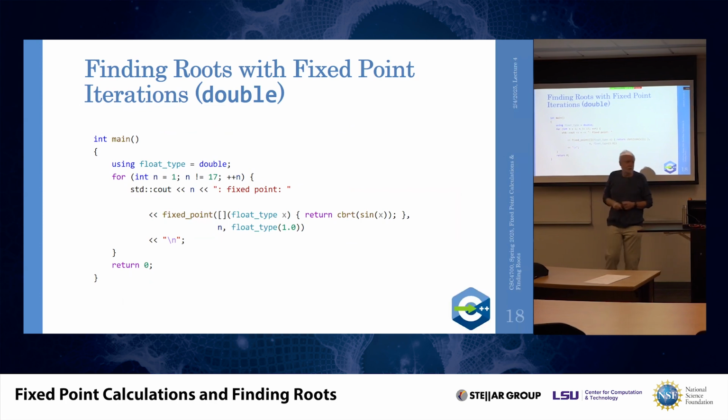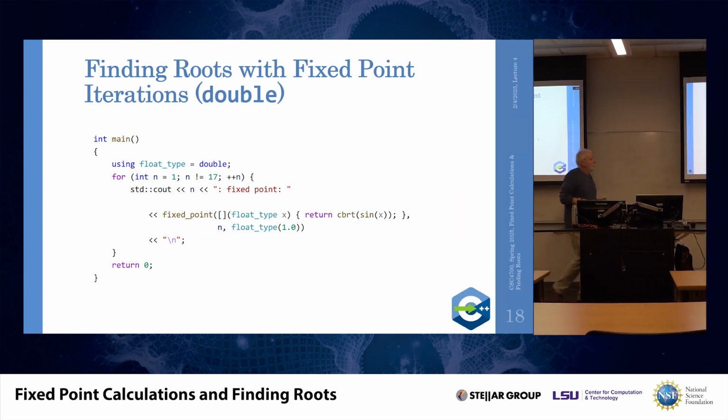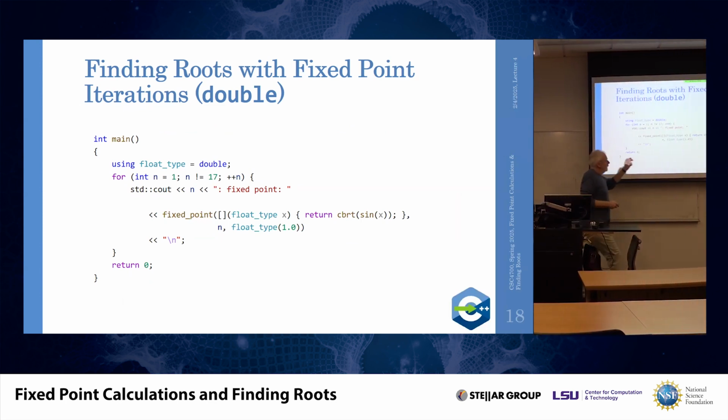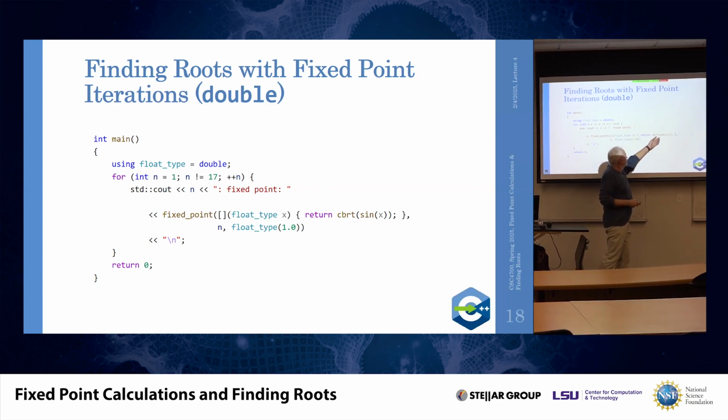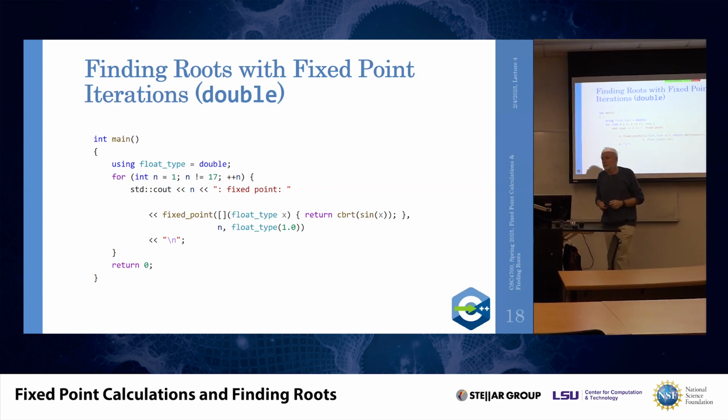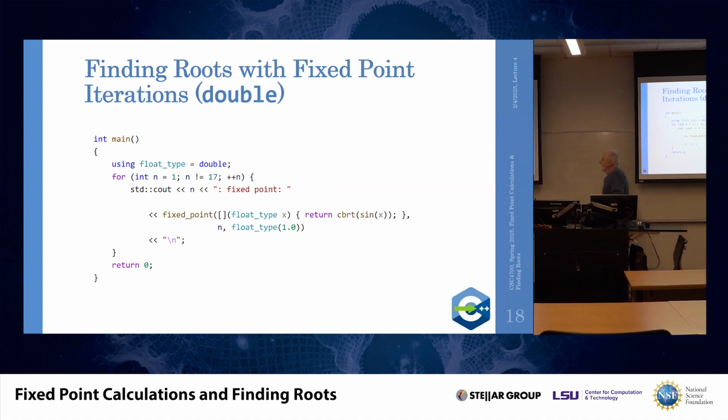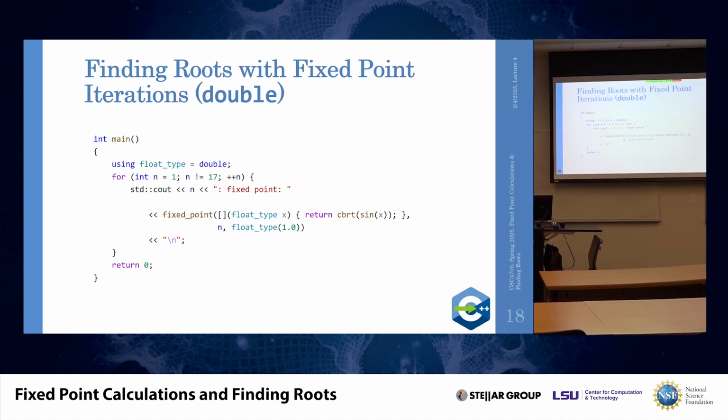In this case, the float type is double. And otherwise, it's doing the same as we were doing with the cosine, but this time it just calculates the cubic root of the sine of x. Otherwise, the other arguments are the same.